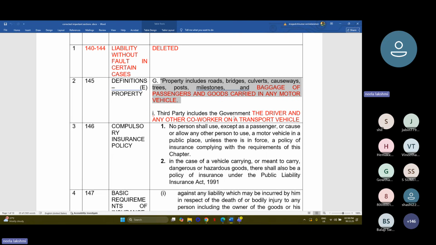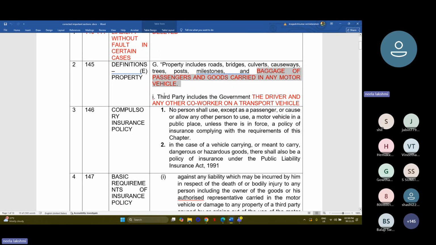Now, the amended section includes baggage of passengers and goods carried in any motor vehicle. These are also coming into the meaning of the property now, as per the amended act, as per section 145.